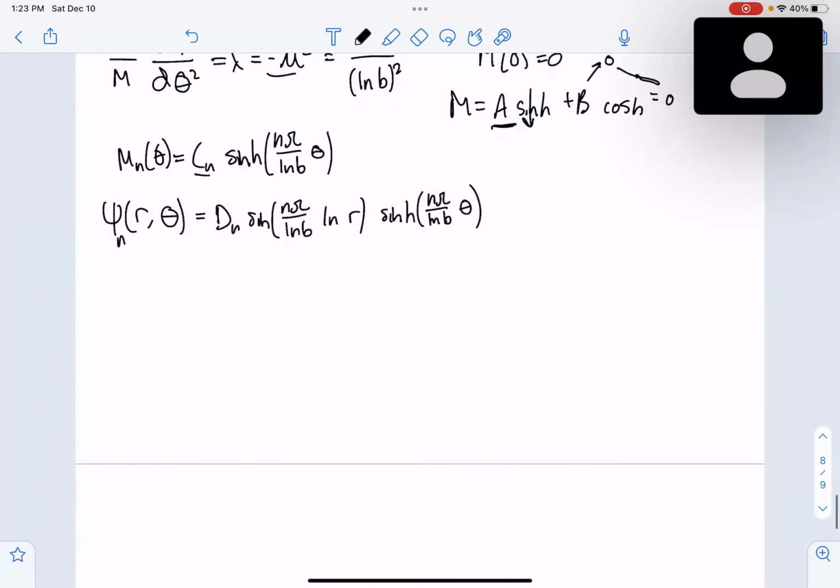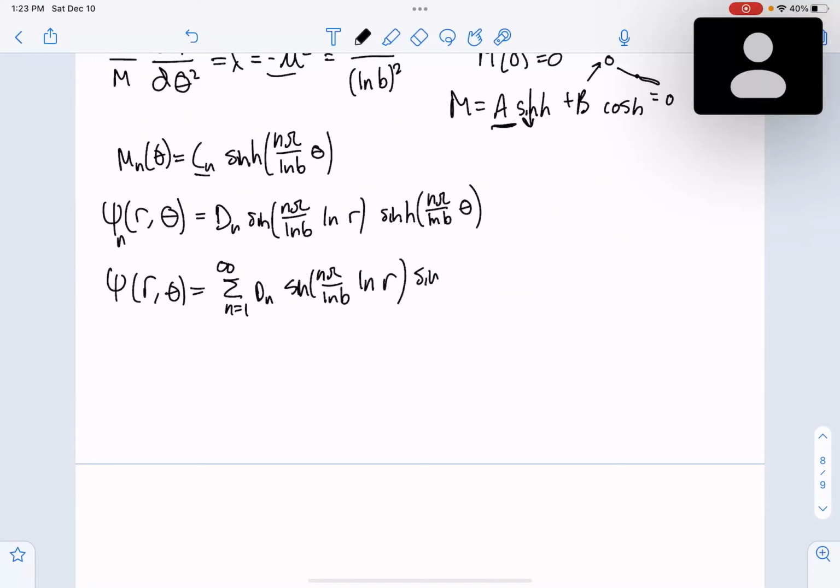And again, applying superposition, straightforward enough. We're looking for the null space here, so we can look at all the solutions summed together. We have just the summation of the exact same thing, sine of n pi over ln b ln r, sinh of n pi over ln b theta.